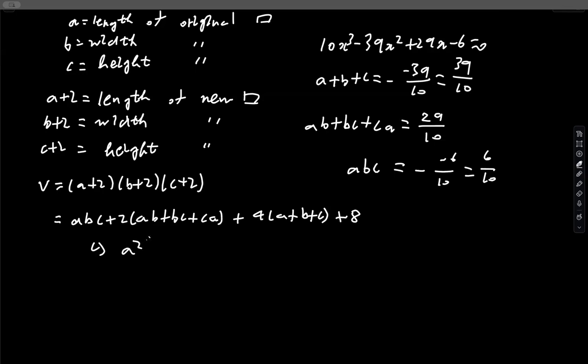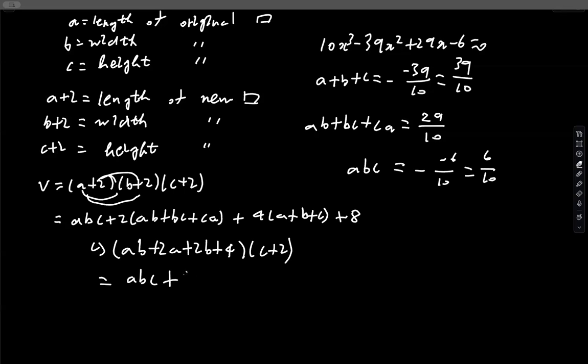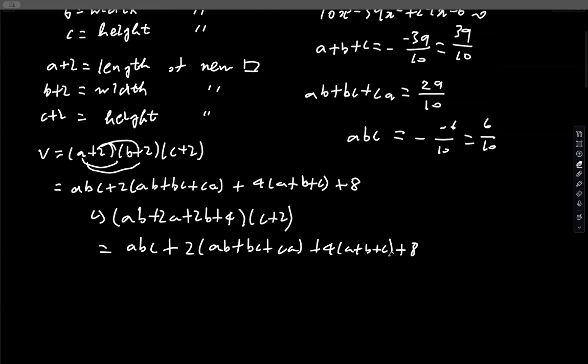You can expand the first two blocks, so you get AB plus 2A plus 2B plus 4, times C plus 2. When we further expand it, we get ABC plus 2 times (AB plus BC plus CA) plus 4 times (A plus B plus C), and then plus 8. Is everything okay until here?